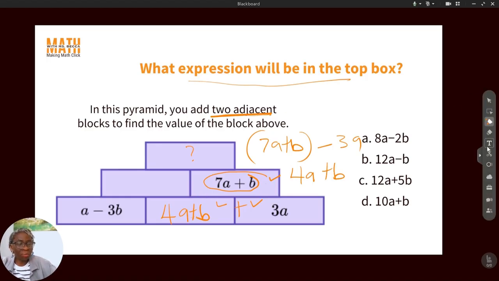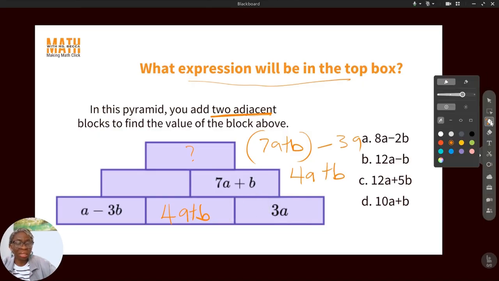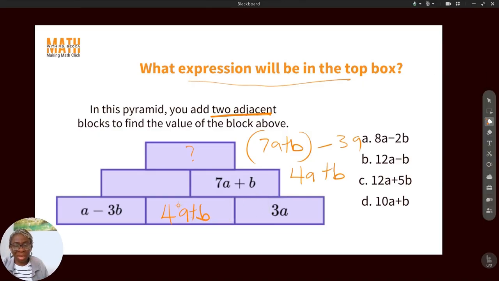So now let's confirm that we did the right thing. It says you add two adjacent blocks to get the above block. So now let's add 4a plus 3a gives 7a, then plus b. So that means this is correct. The next thing is to look for the value of this block. Don't forget we are adding the two adjacent blocks.